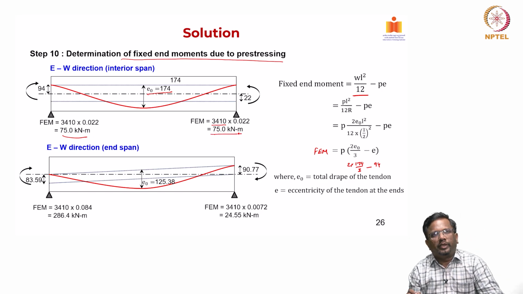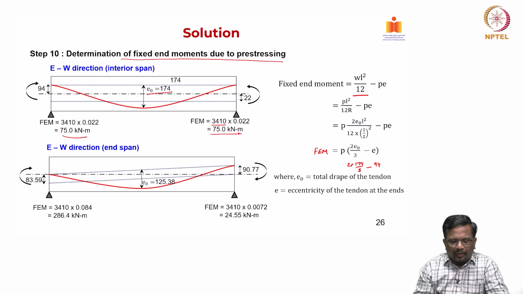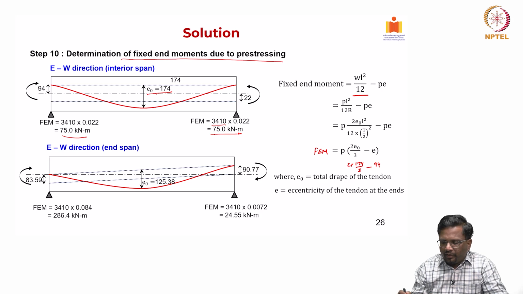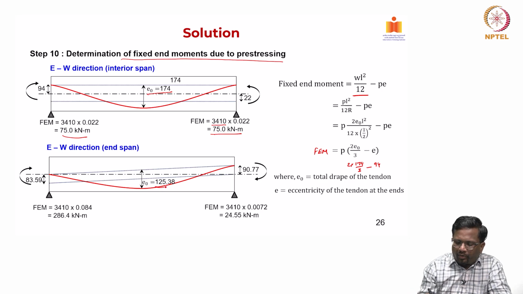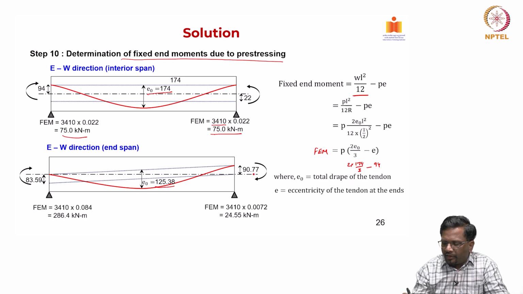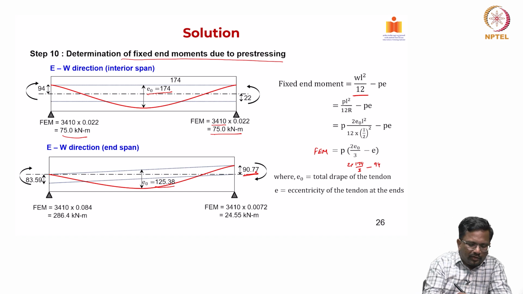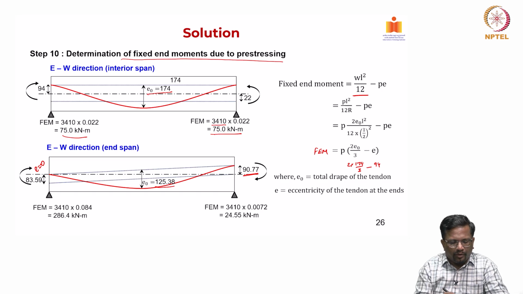Similarly, for the end span, you will find that this drape is 125.38. At this location, the eccentricity is 90.77, and at this location, the eccentricity is 0, right. So, this component will become 0. So, it will be P into 2 E naught by 3.